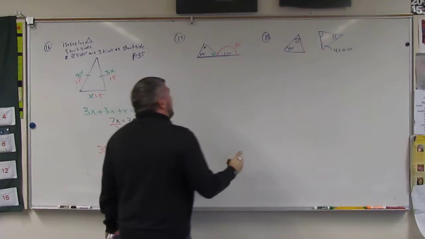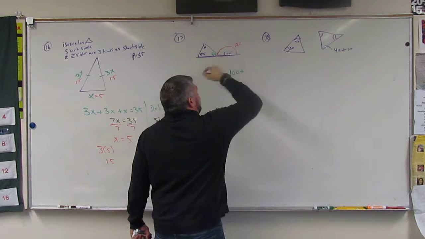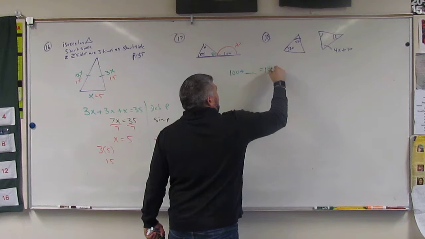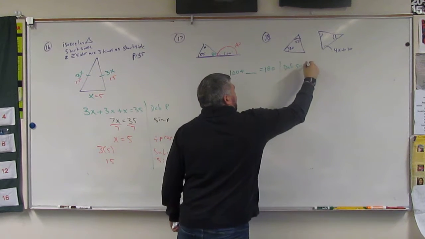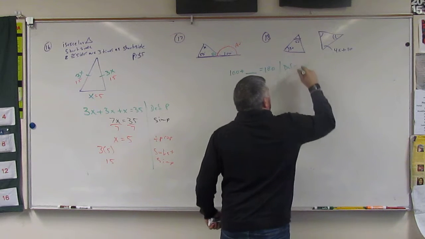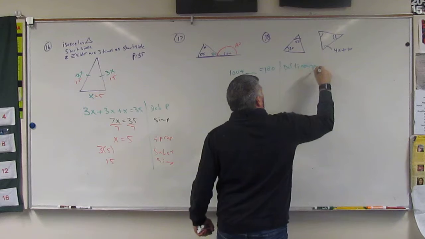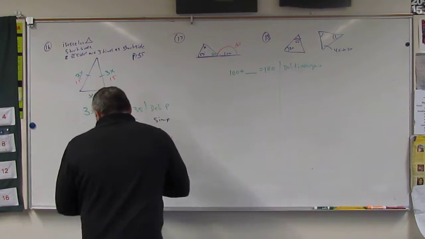Okay? Alright, so you're saying 100 plus some number is equal to 180. And that's the definition of supplementary, or actually linear pair.